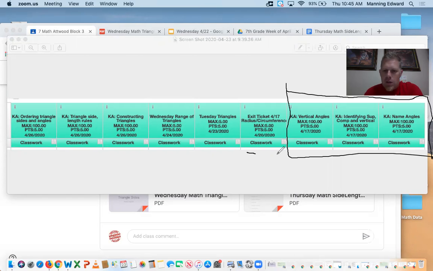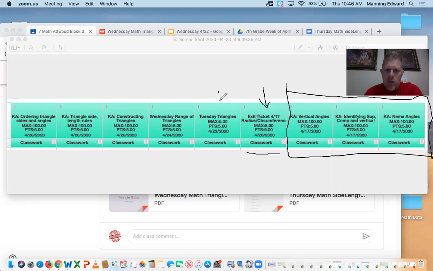Here's the exit ticket that you guys took from last week. That was on radius and circumference. If you did it, I gave you 5 points. If you didn't get them all right, I sent it back and gave you partial credit, but at least you got something.